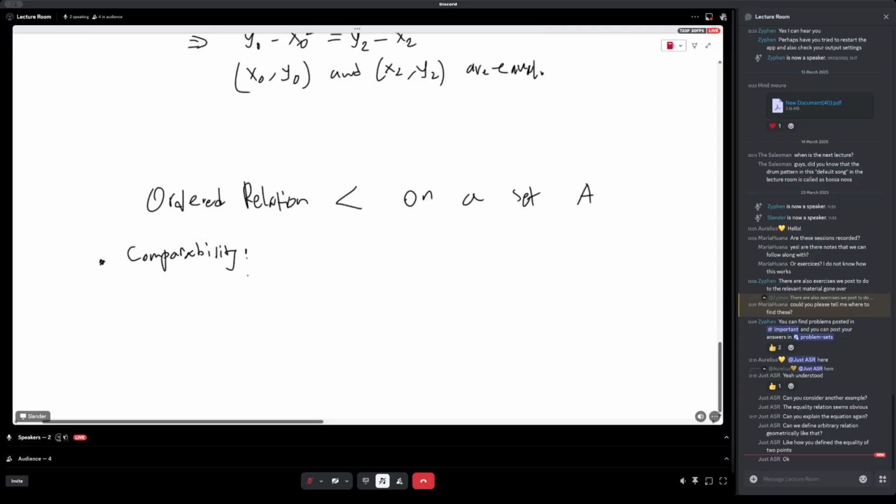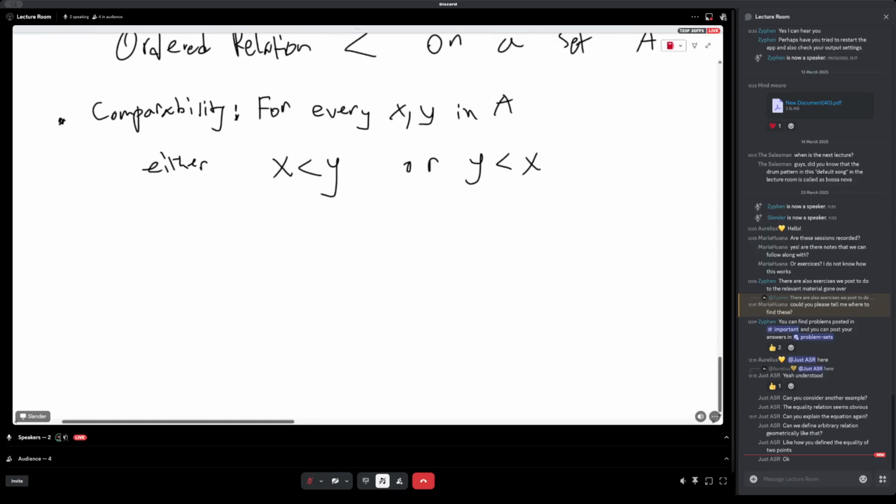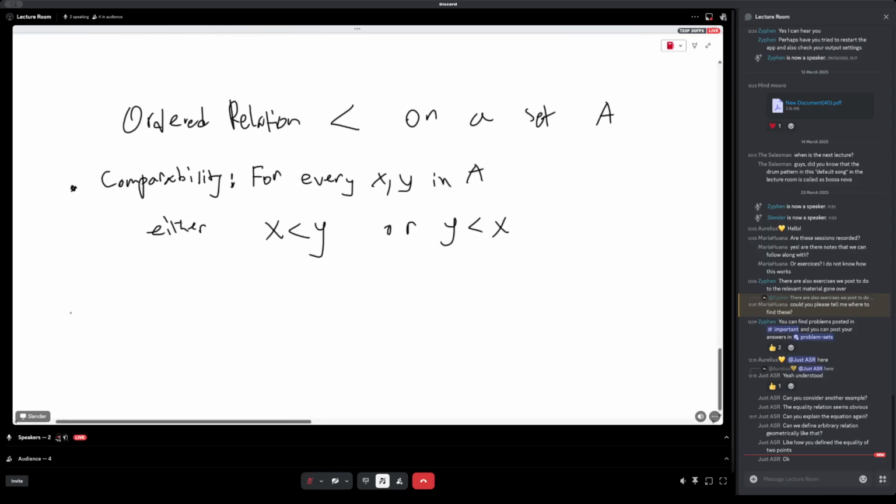If you take x and y from this set A, so for every x, y in A, either x is less than y or y is less than x. Either one of these will hold. So that's the first condition for an ordered relation.